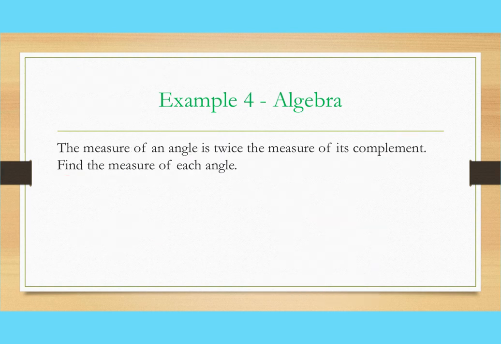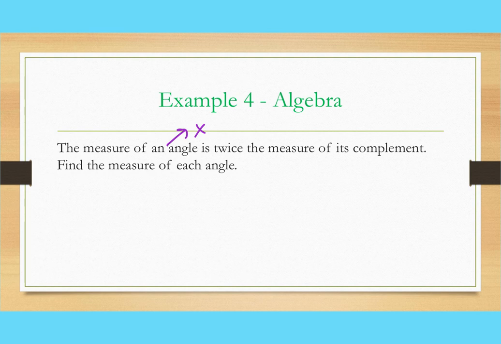All right, example 4. The measure of an angle is twice the measure of its complement. Find the measure of each angle. These are great standardized test questions, okay? So what's the relationship between an angle and its complement? They add up to 90. So the measure of an angle, which is my x, that's what I don't know.